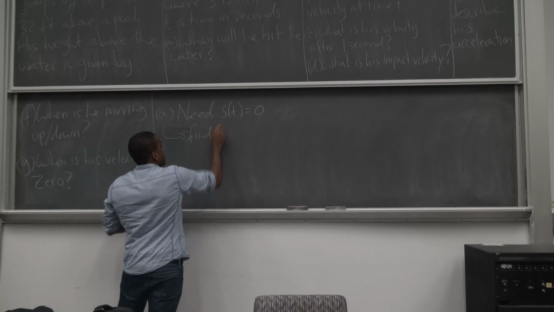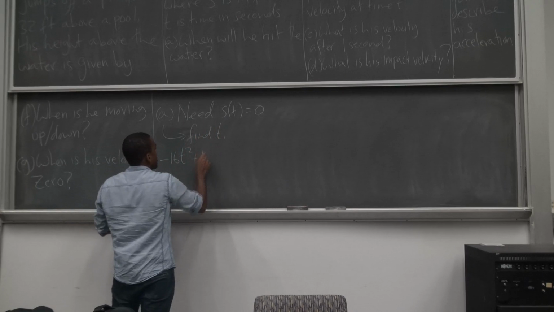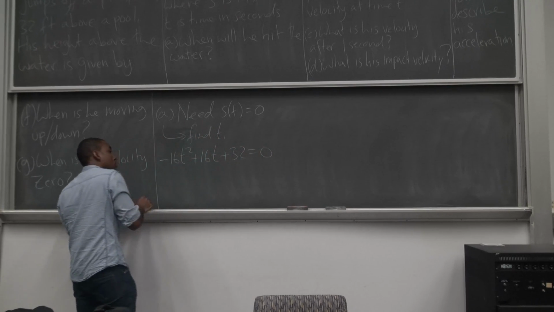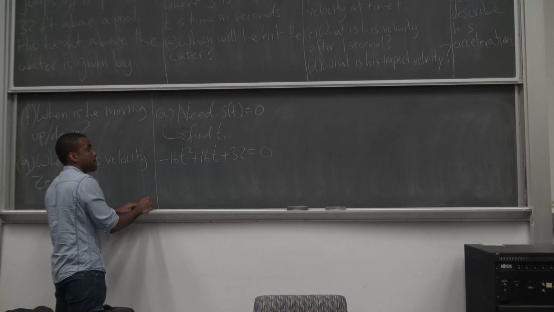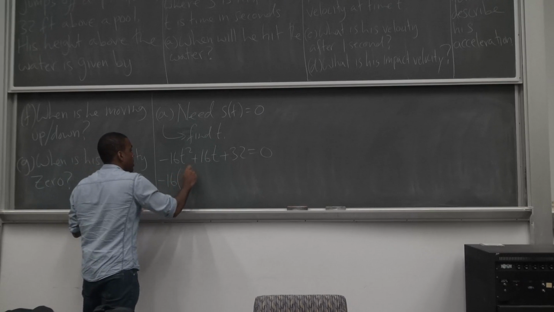So what we're going to do here is find t. This means minus 16t squared plus 16t plus 32 equals 0. How do we solve that? 16 is a common term.